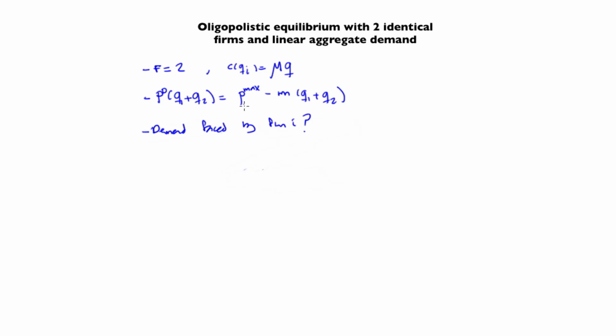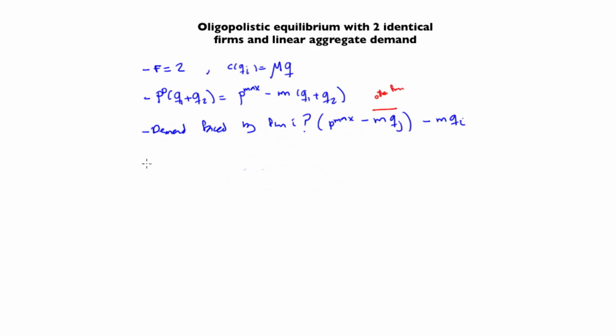Well, it's going to be this inverse demand function taking the quantity of the other firm as given, which is going to be P max minus M of Qj. And again, this is the behavior by the other firm. And then minus MQi. That is the inverse demand function faced by firm i.